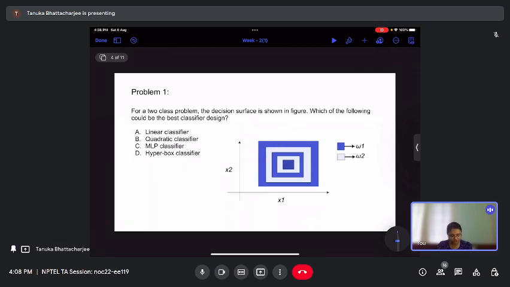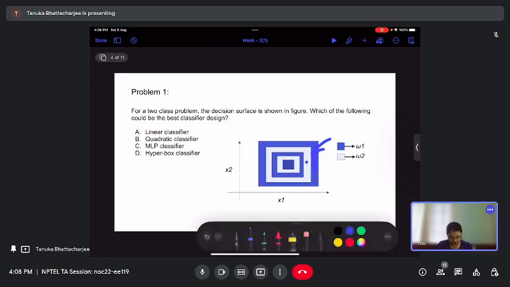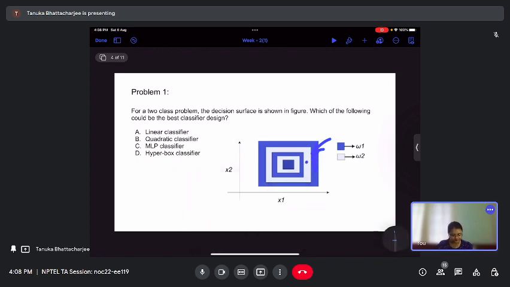So, this is the omega 1 portion, and this is the omega 1 portion, and this one is the omega 2 portion. We have to classify patterns belonging to these two classes.